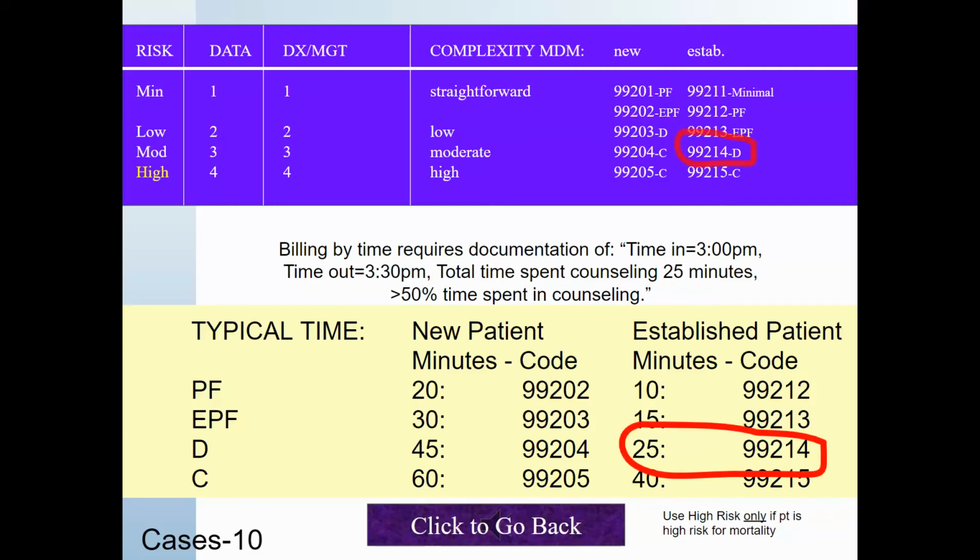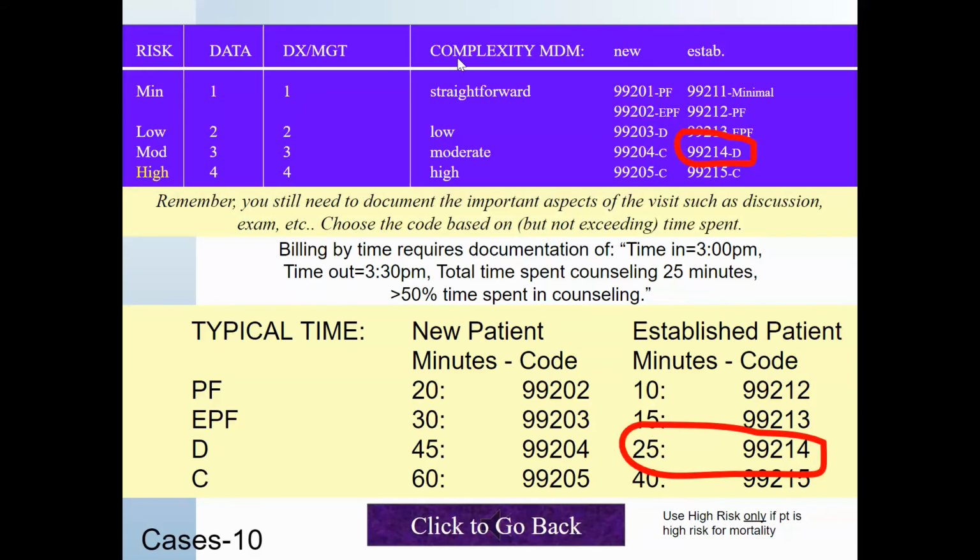So how do you code based on your time? Well, for the typical time, as I said before, we've stratified this as new patients and established patients. And based on this patient, we spent 30 minutes in the room, time in, time out.